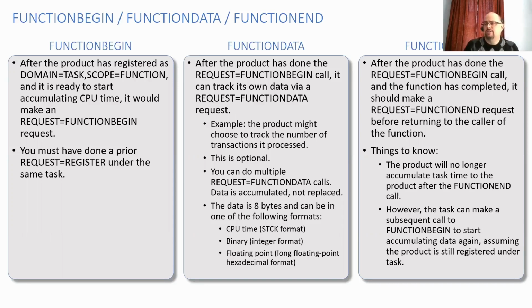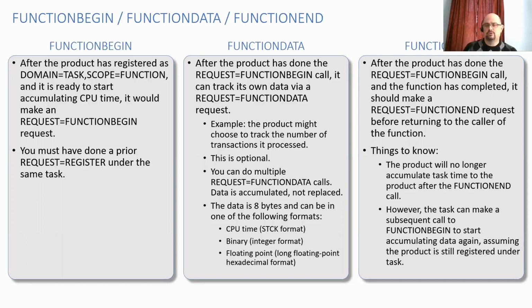Maybe the product wants to track the number of transactions it processed in addition to CPU time, right? Again, it's optional. You can do multiple of these calls. Data gets accumulated, not replaced. So that means if you call us with, say, track value 1, call us again, track value 2, we're going to go 1 + 2 = 3 and store that away. So it doesn't replace the value, it accumulates, it adds to it.